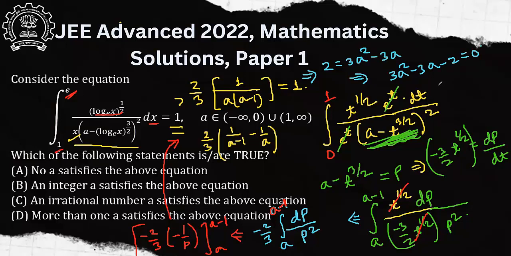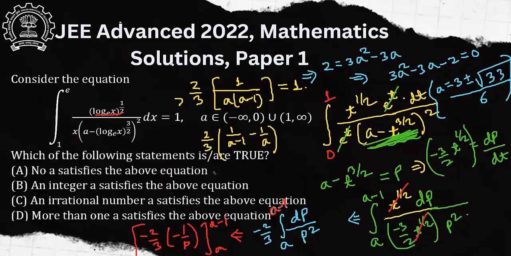If I use the quadratic formula, a is equal to 3 plus minus root of minus 3 square, that is 9, minus 4ac, that will give you 9 plus 24, that is 33, upon 2 times 3, that is 6. So the value of a is 3 plus minus root 33 upon 6. So we have two values of a.